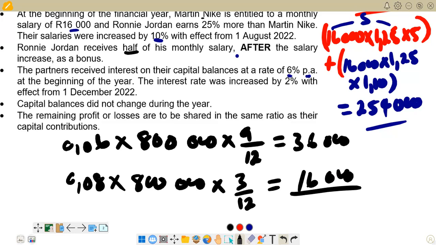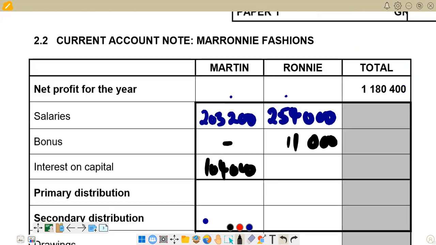Then for the total, now we add this one plus this one to get the total for interest on capital. Let's see what we get there. If we add the two, you are going to get 52,000. So that's the interest that we have for Ronnie. So we go back there and put that figure, 52,000.